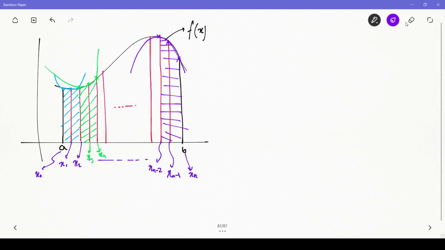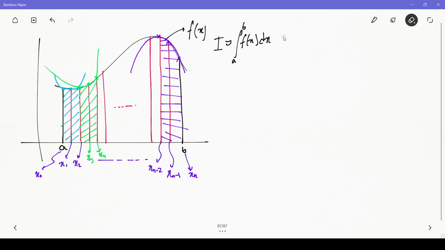Okay, so to write it formally, we write it as something like this: our integral value, which is the integration from a to b of the function f of x with respect to dx.